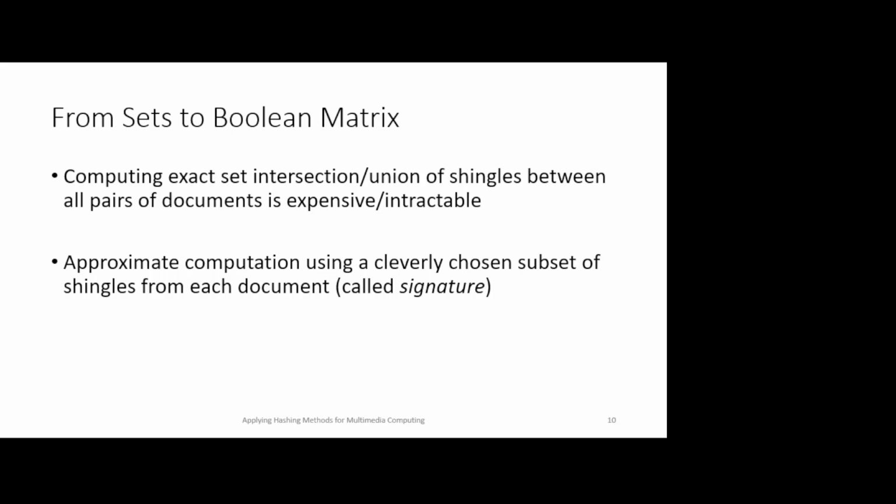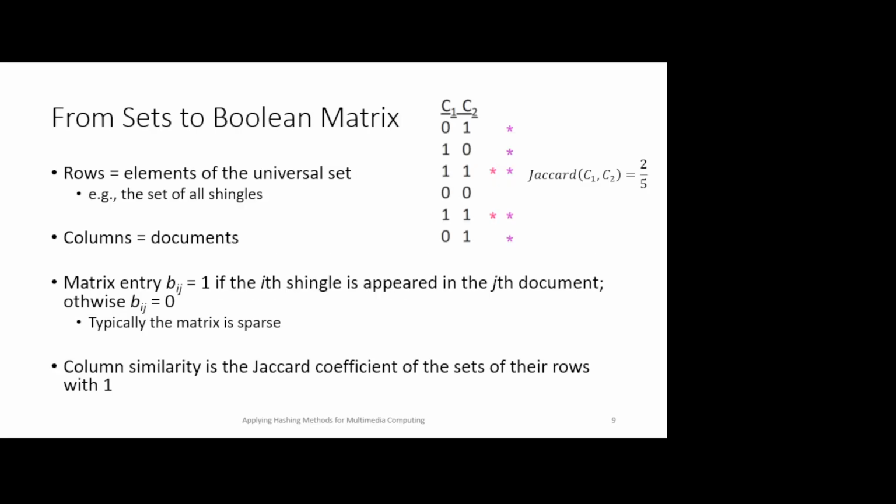But if you convert the sets into a Boolean matrix and use this matrix to compute the set intersection or union, it's actually very expensive. Why? Because your number of rows is usually very large, and your number of columns is also very large.